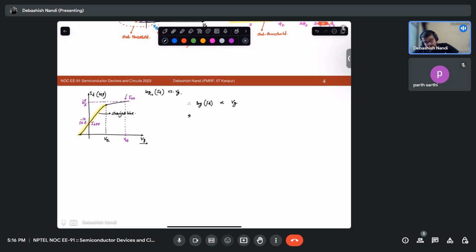So your log of ID will be some constant times VG. So your ID would be equal to 10 to the power of some constant times VG, and that would be in the exponent.